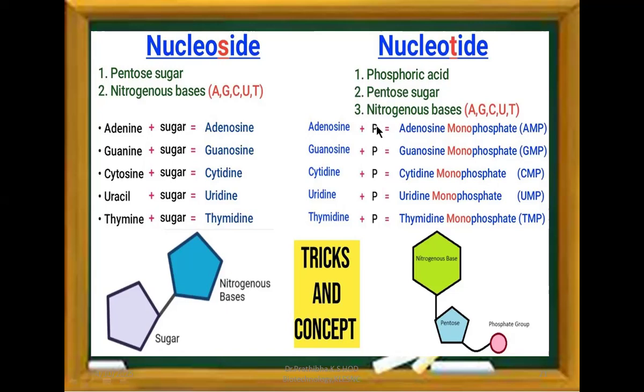With the presence of three phosphate molecules, we say adenosine triphosphate. I hope I made myself clear to you about nucleoside and nucleotide. This is the trick and the concept you can keep in mind about nucleoside and nucleotide.